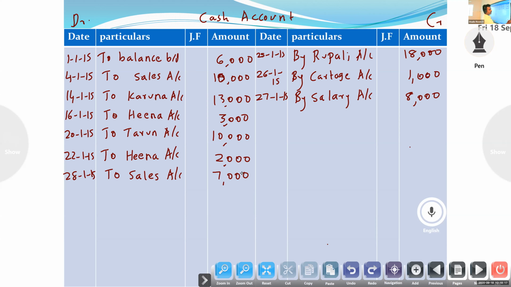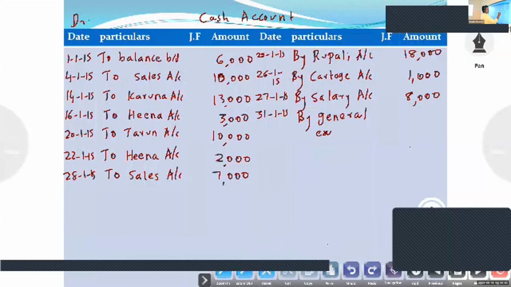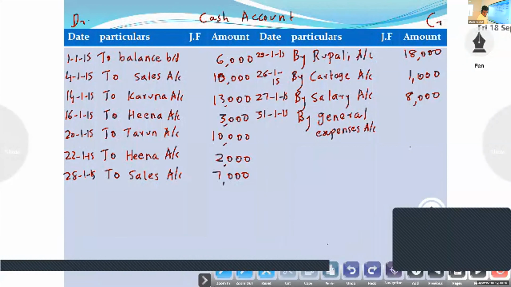Next, after 28th, 31st, to cash account, by general expenses. Okay, by general expenses, 500.